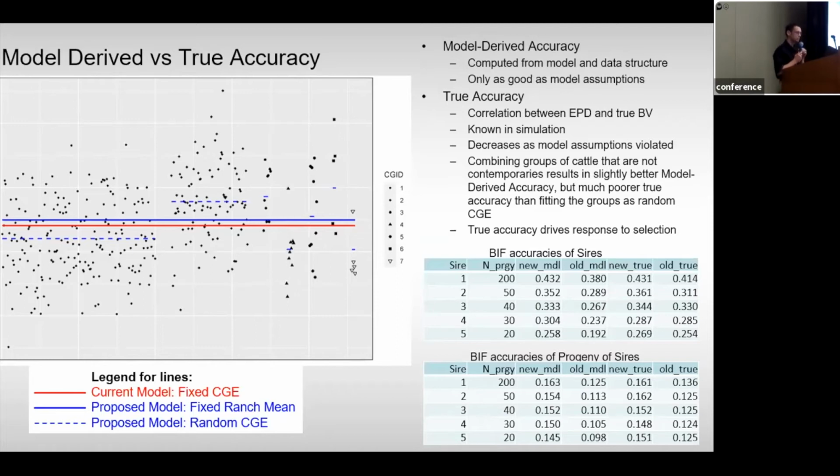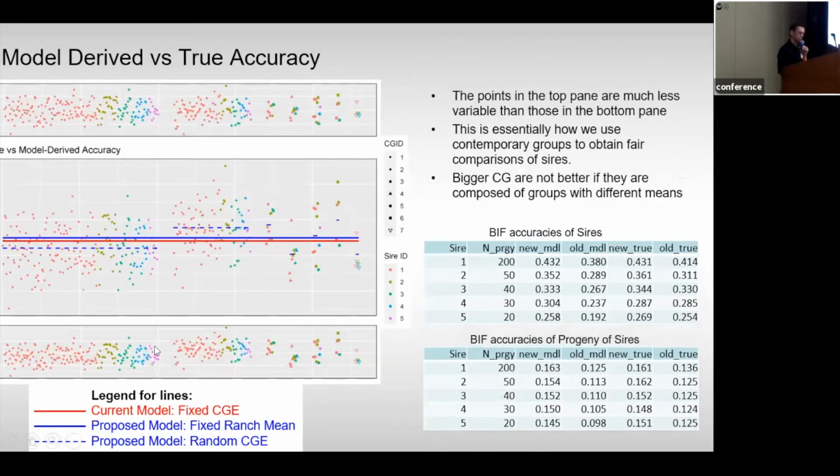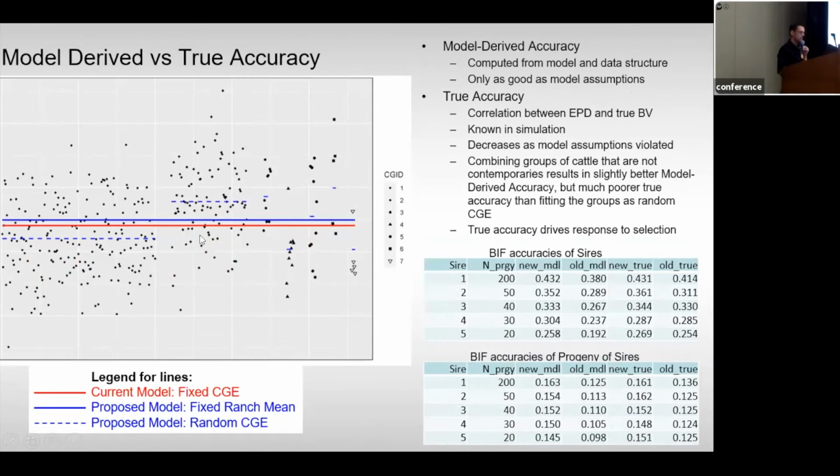And so what this represents here, again, is 7 different contemporary groups, and the red bar denotes a fixed contemporary group effect. Oops, sorry, let me see if I can go back. The blue bar represents the fixed range mean effect, and then the dotted represents random contemporary groups, which is what we propose. And here you can see the different regressions towards the mean.